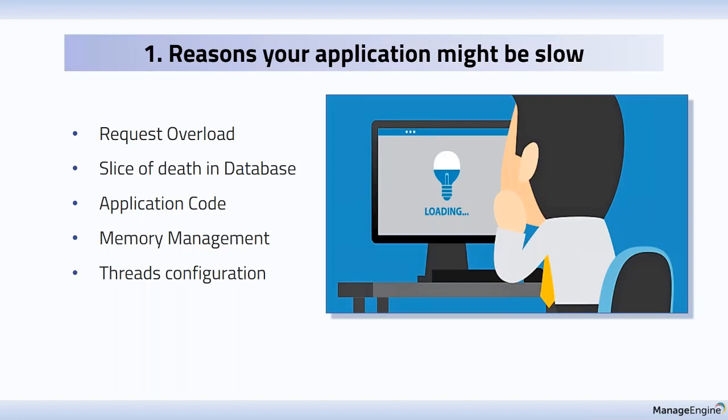Applications developed on a fast LAN with a small data set seem to operate smoothly in your test environment, but once rolled out to production, the database continues to grow, which may in fact cause a slice of death in the database as well. Recent studies in fact indicated that organizations need to monitor their database, their application code, and that memory management and thread configurations are key important factors to be considered in the application's performance management.